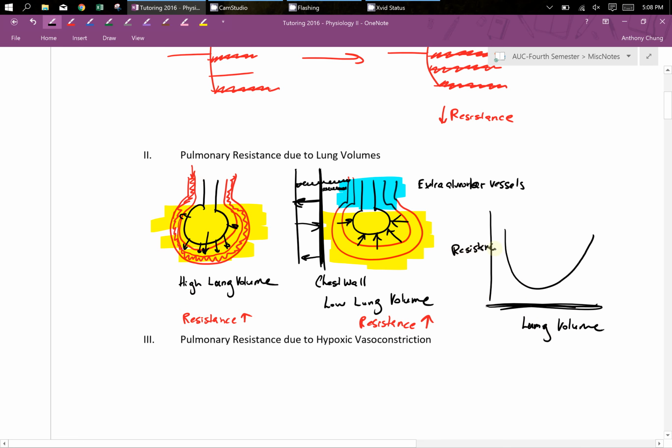And if you look at this, this makes a lot of sense, because as you breathe all the way up to your highest amounts, you're going to have a lot of resistance. Why? Because at high lung volume, you have resistance at the alveolar blood vessels. When you are at low lung volumes, you have a lot of resistance at your extra-alveolar vessels.